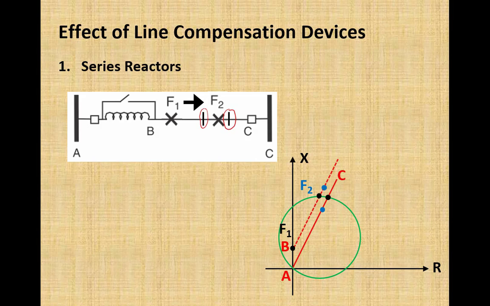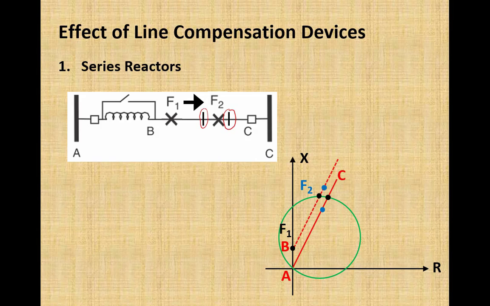That is not a problem for zone 1. But if we had assumed the reactor in service while doing the zone 1 setting, the possibility is there that in the absence of this series reactor, zone 1 will start overreaching beyond the line length, which is not acceptable. Due to this reason, for the zone 1 setting of relay AC, we will assume that this reactor is out of service.